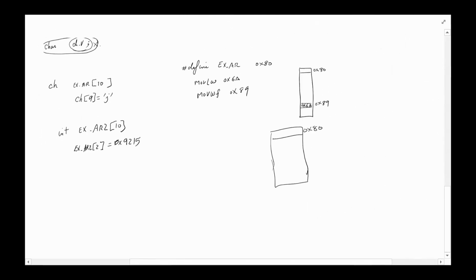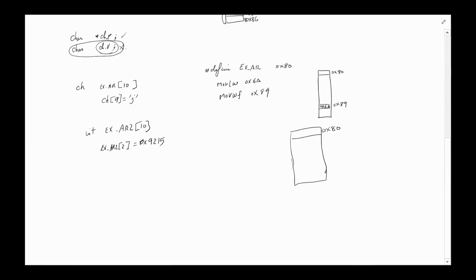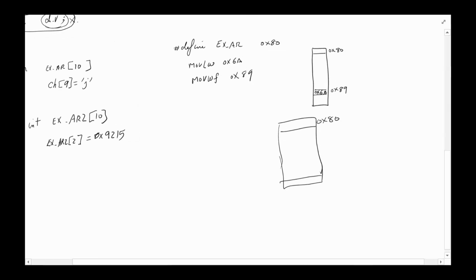this array, what's going to happen, my end of my array is going to be at 20. So my next location, as I was saying, is going to be 20 locations later, which in hex would be 0x93.